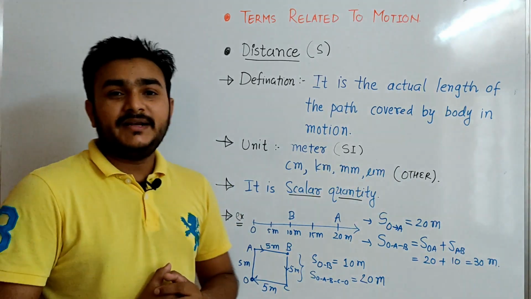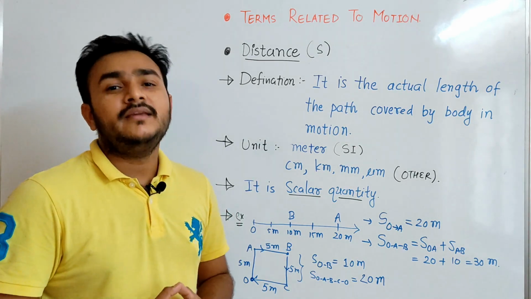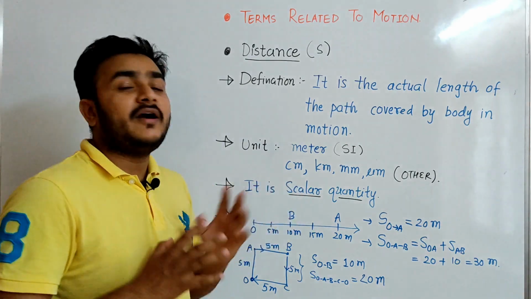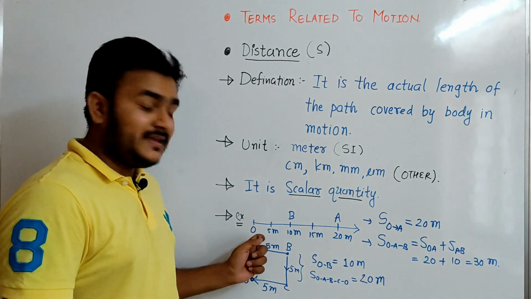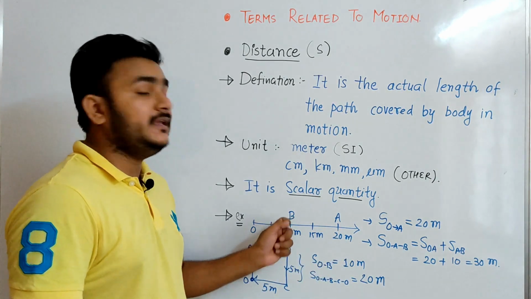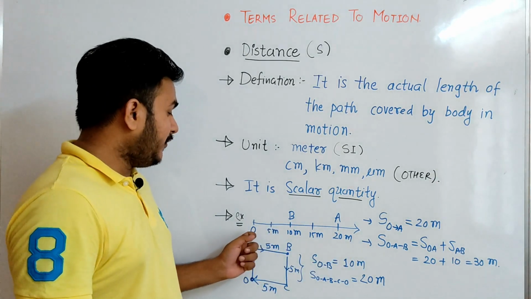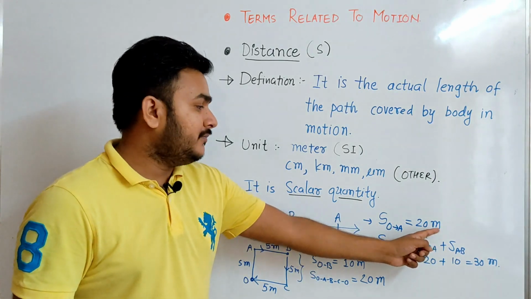It is a scalar quantity. That means that in order to specify the distance of a body during motion, we require only magnitude. Let us take an example. If a body starts its journey from O and goes to point A and then to B, then the distance between points O and A is given by S_OA = 20 meter.